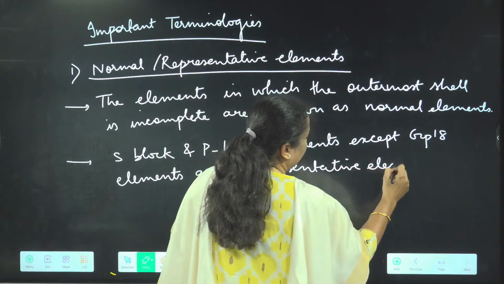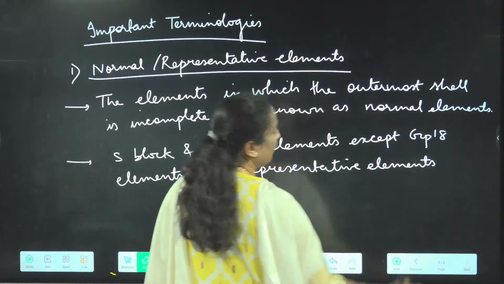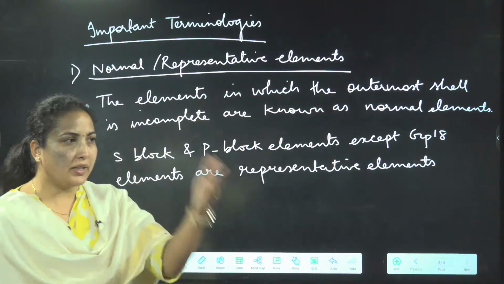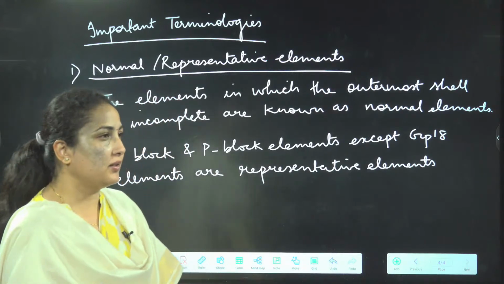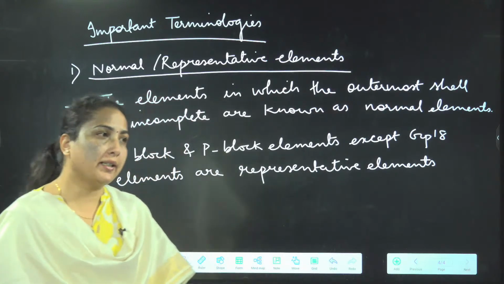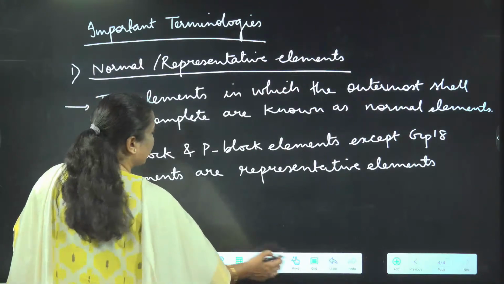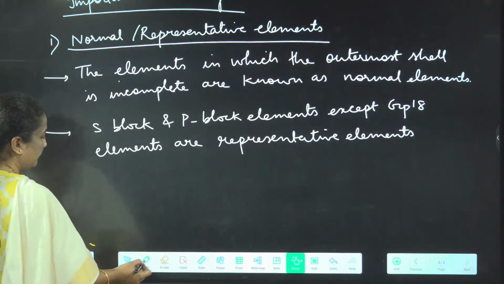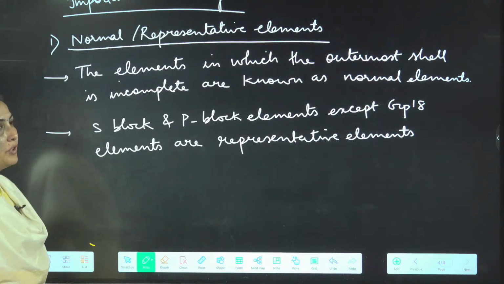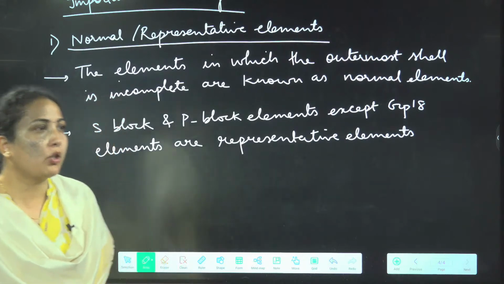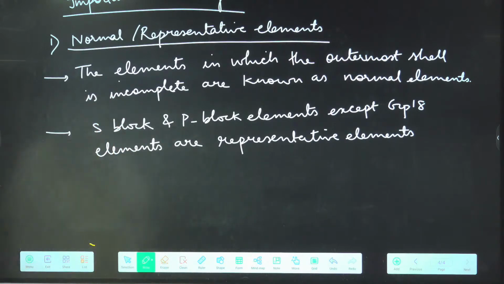Okay. Reason being, in case of group 18, all of them have their outermost shell complete. They don't have an incomplete outermost shell. Okay. So you must remember that. Please write this, then we'll proceed towards the next one. So normal or representative elements we have known.